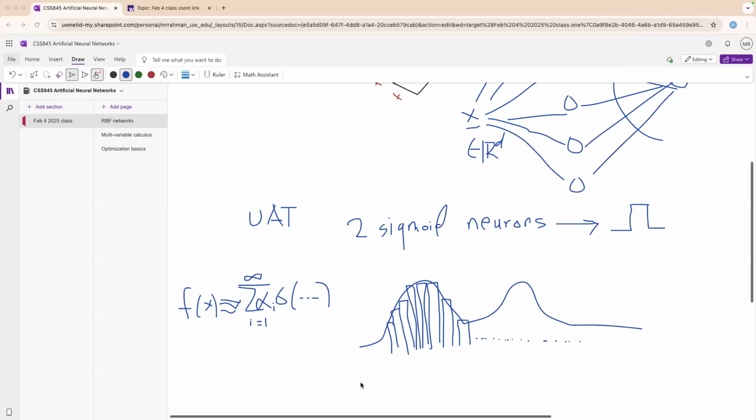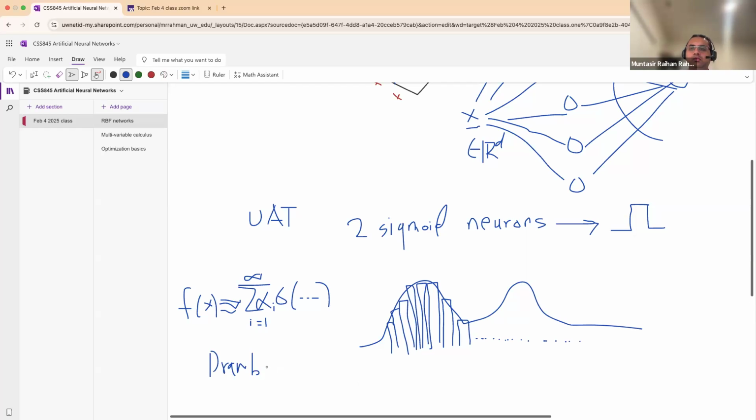I was just going to mention it may not be good for non-continuous functions. Yeah, that's a good point. So there are drawbacks. One is that you might need infinite perceptrons.